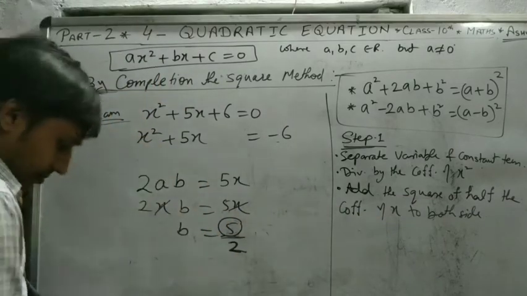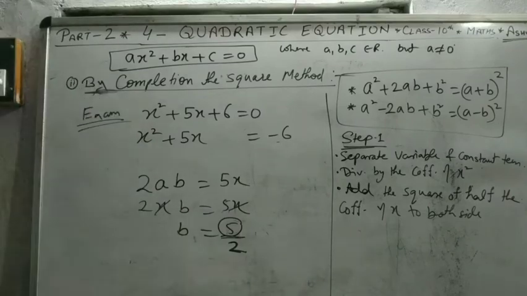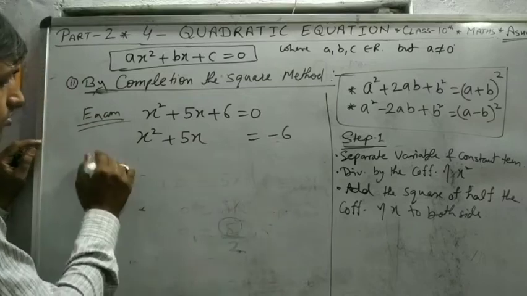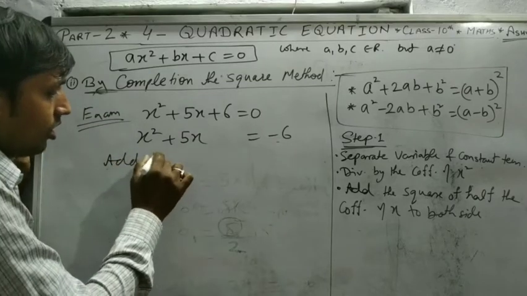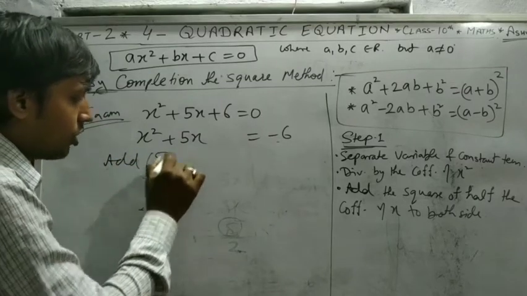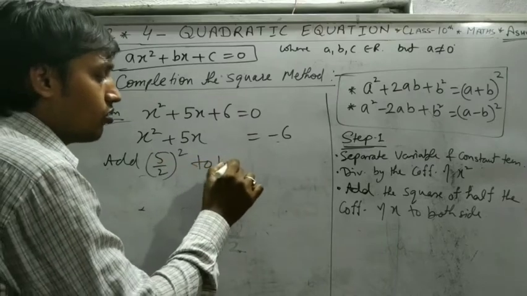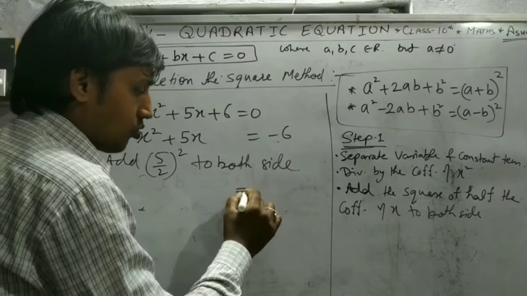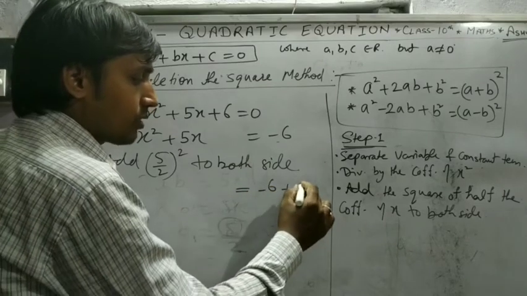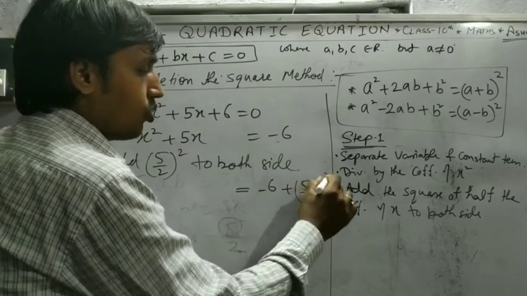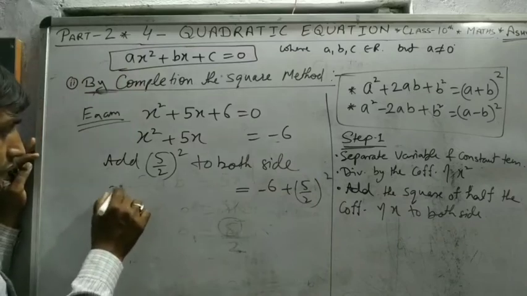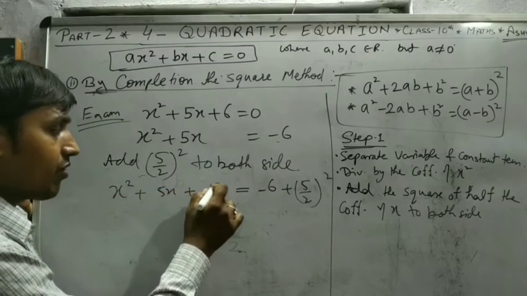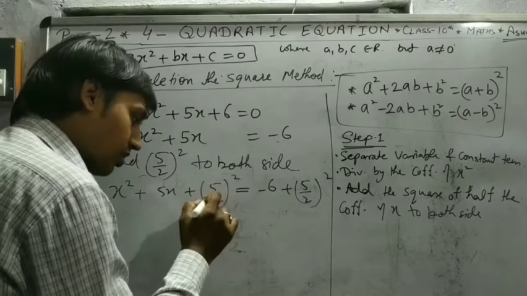So what do you write? Add 5/2 whole square to both sides. So on the right side, -6 plus 5/2 whole square, and on the left, x square plus 5x plus 5/2 whole square.